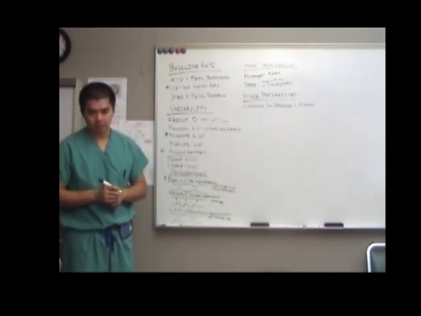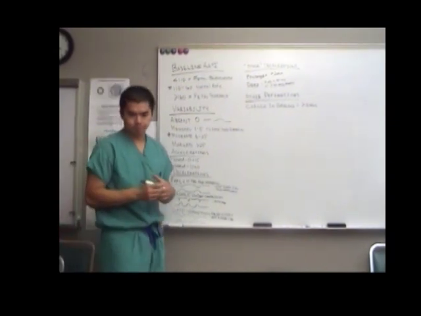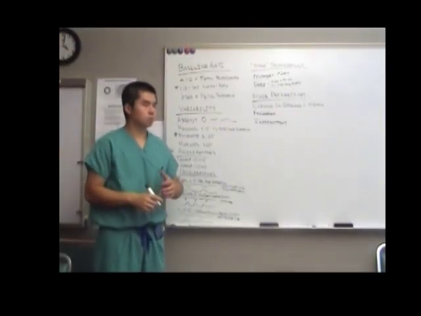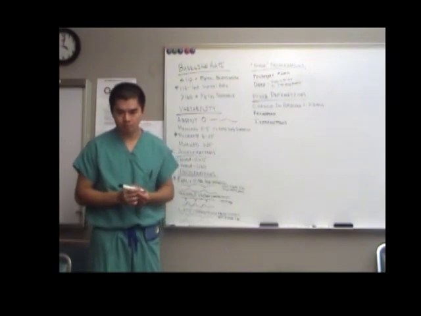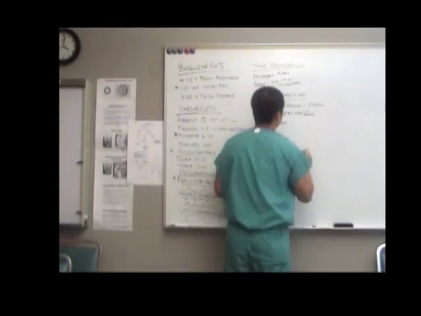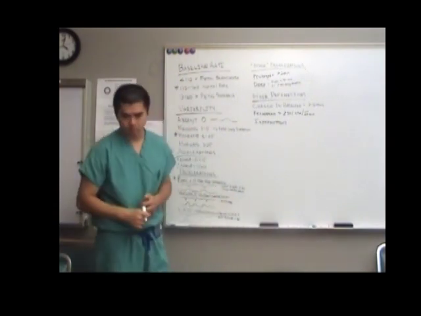The next thing is, you'll hear the term recurrent and intermittent. So what does recurrent mean? Recurrent means it occurs with greater than or equal to 50% of the contractions averaged over a 20-minute period.